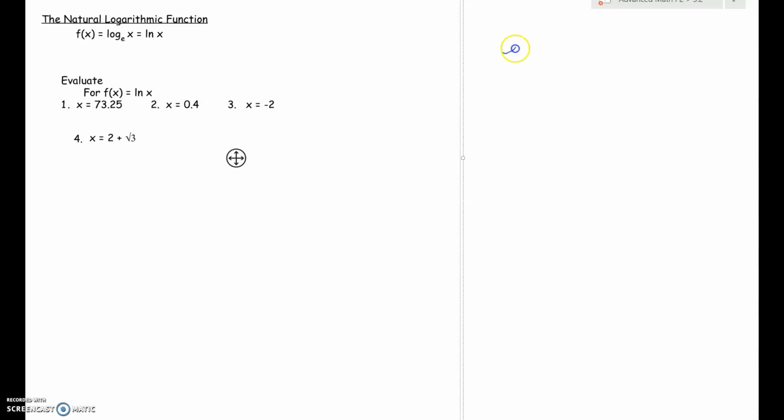I remember e was this number, 2.71 and so on, but it's an e button on your calculator, right? And we called it the natural exponential function, but this is the natural logarithmic function. And so it's log base e, but we don't write it as that. We write it as ln. So we say ln of x.